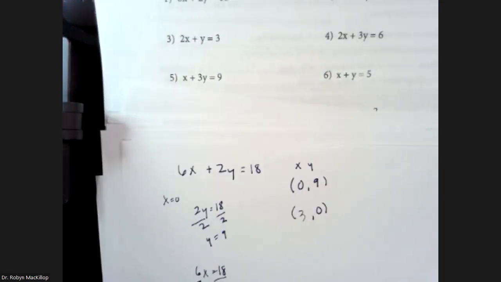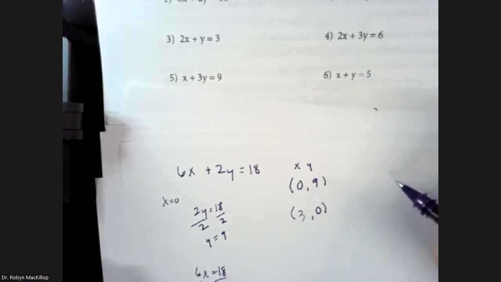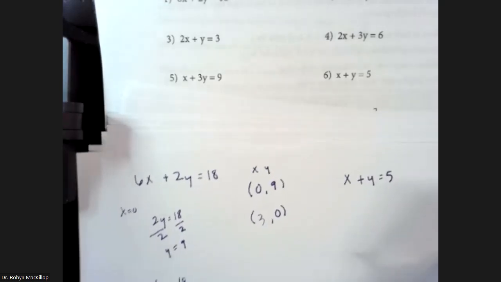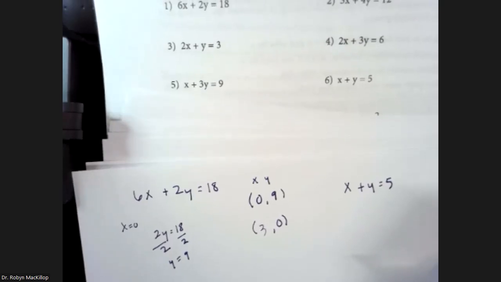Let's do, I'm going to do number 6. It looks really innocuous, right? X plus Y equals 5. It is. It's fine. X plus Y equals 5. And again, for all of these, you're going to come up with 2 ordered pair.